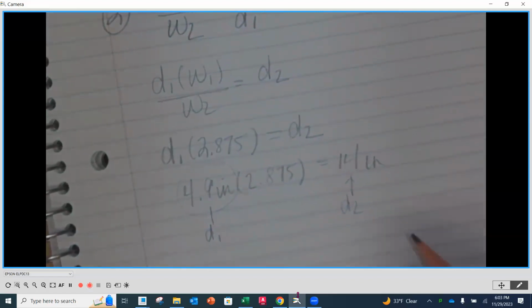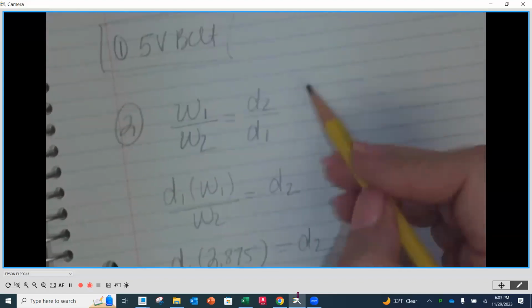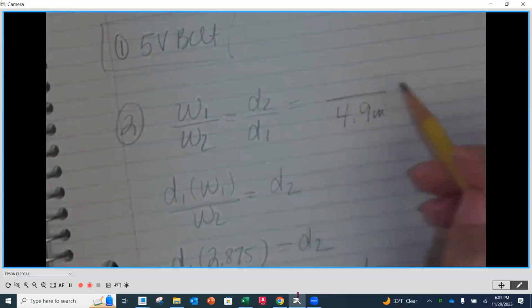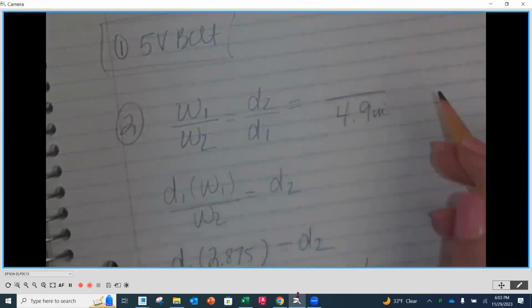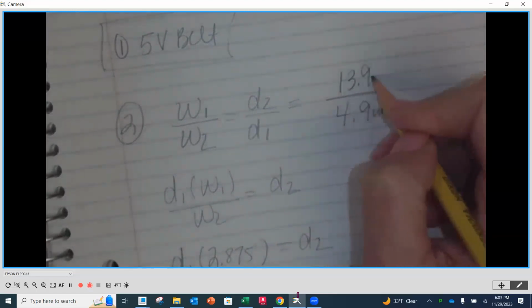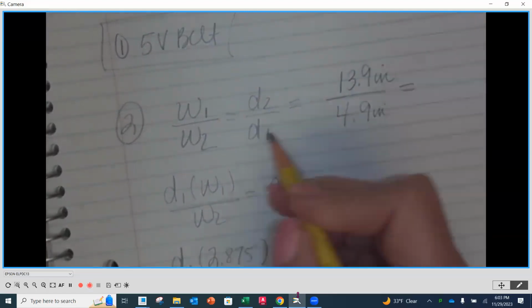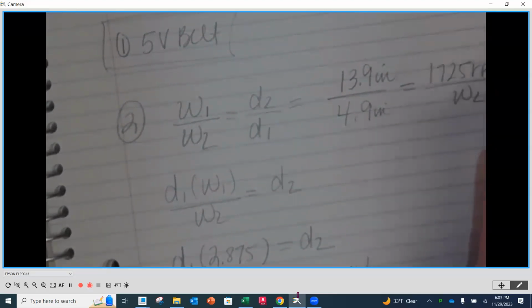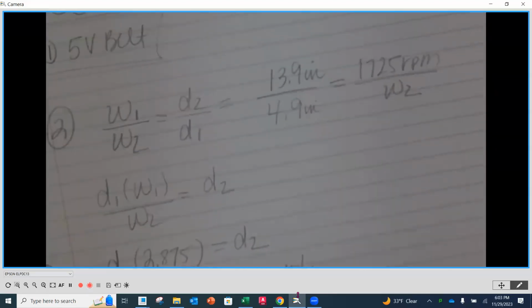So then we can see, okay, if I do a 4.9 as my D1, how can I do this? Oh yeah, up here. So if I know my D1 is 4.9 inches, right? And if I pick my 13.9 as my D2, I can set this equal to my W1 of 1725 RPMs, right? And I solve for my W2. Shoot, it's on the bottom.